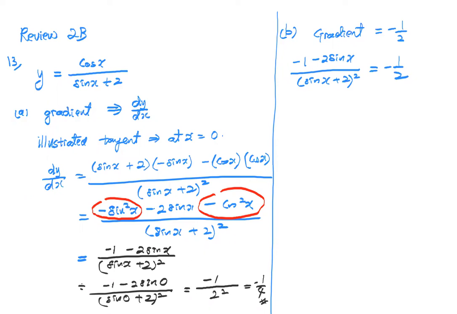Every time when they ask you to show this, you assume there is. Okay, so now you try to solve. Both sides are negative, so I have 1 plus 2 sin x, or if you want, up to you, how you want to solve. Okay. Then at the end, I say I don't have a solution.